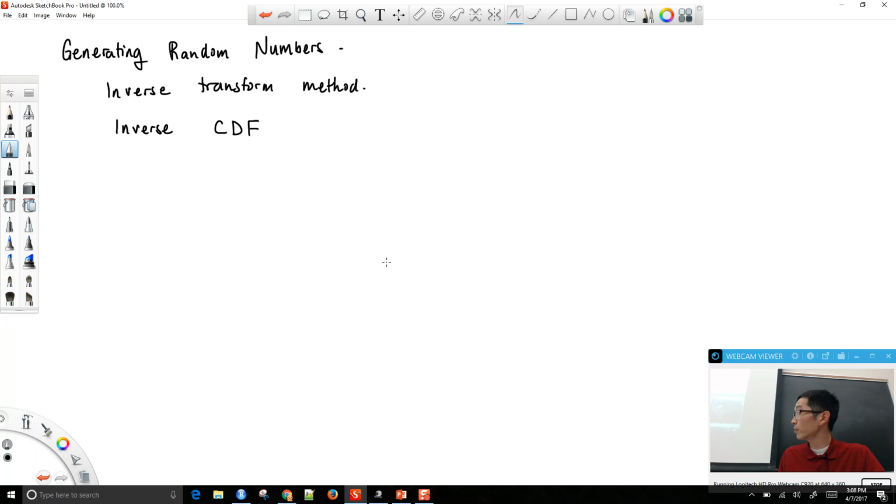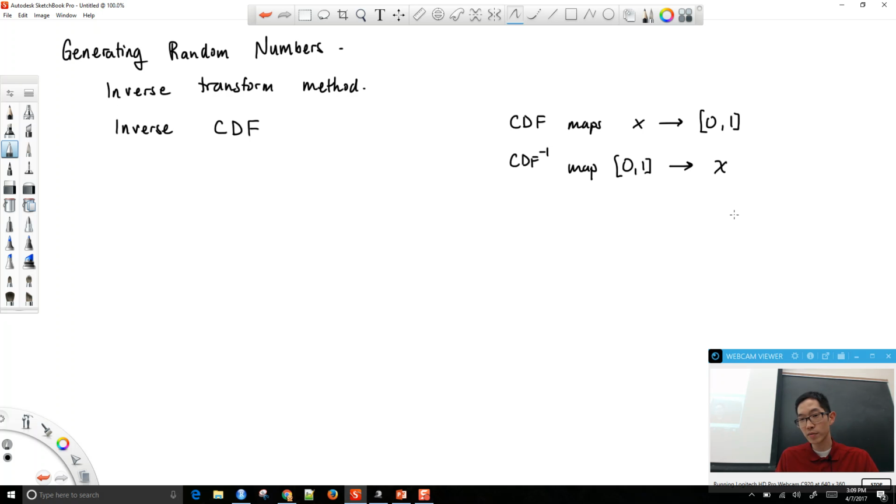We looked at the inverse cumulative density function. We said the CDF maps basically x onto 0 to 1, and then the inverse CDF will map 0, 1 to the domain of x, right?